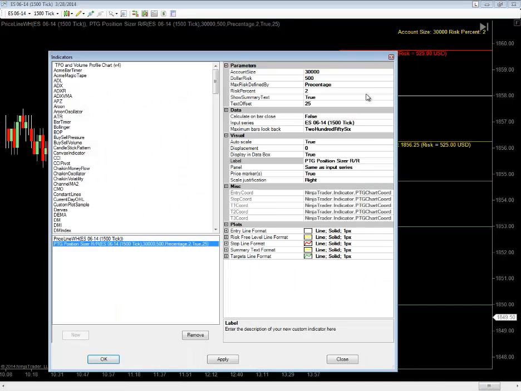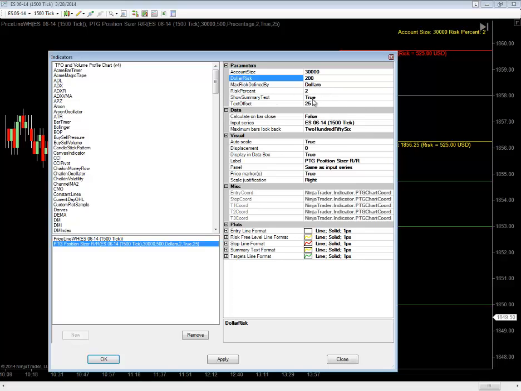Taking a look at the parameters here, you can see the account size. This is all optional: $30,000, you can make it whatever you want. And then if you decide to use a maximum risk, it can be defined by percentage or by dollars. If you have a dollar risk, you will have to put in a specific dollar amount. So let's just say you call that $200.